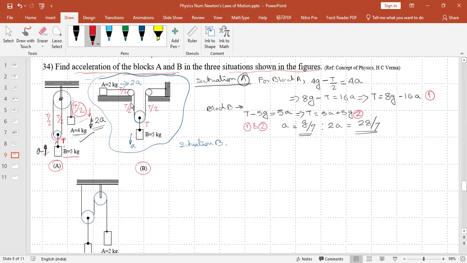Now if we write the force equations, consider block A in situation B. For block A, the tension T by 2 produces an acceleration of 2A on a mass of 2 kg.